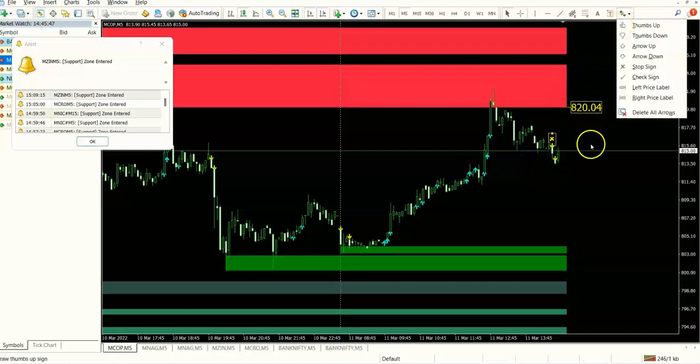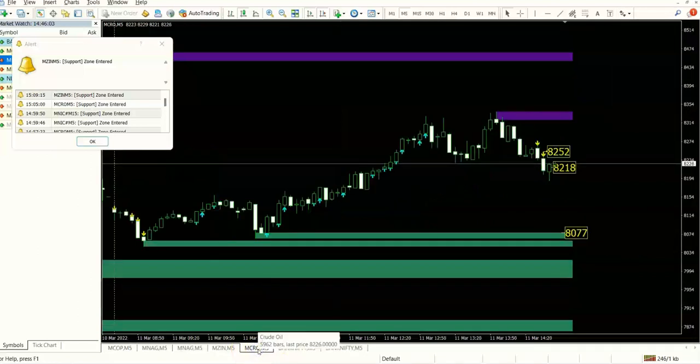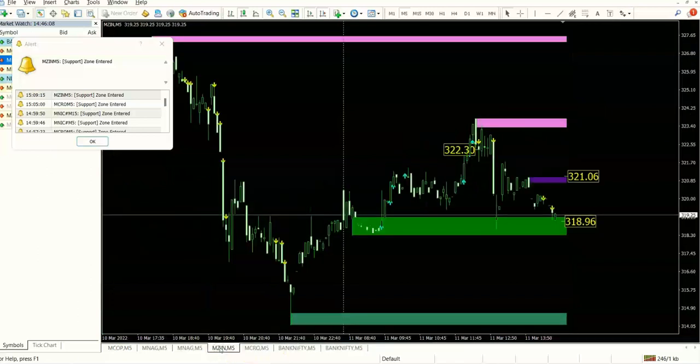If you enter now, you need to keep 820 as your stop loss, and your target will be 803, the final target. But there can be some middle targets in between. We should wait for the arrows near the support and the supply and demand zone. Then we should get the concept.